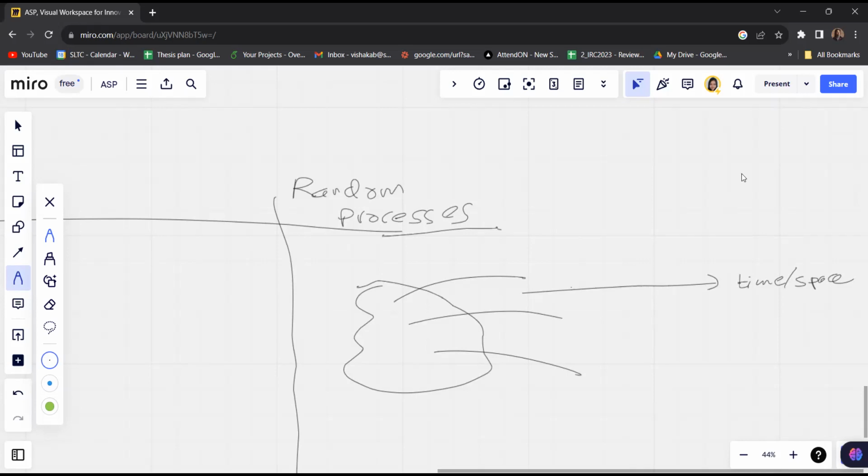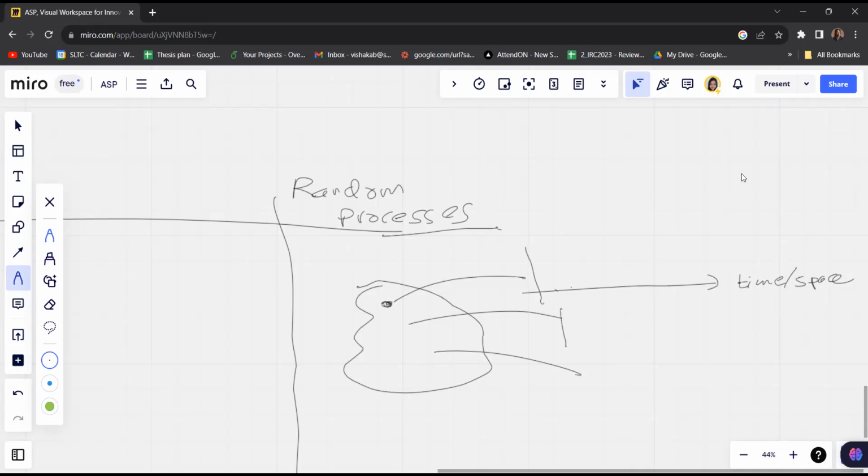I will explain to you using some examples, but mainly the difference between random processes and the other random variables is that in the random process we are mapping a certain outcome of a random experiment into a waveform.